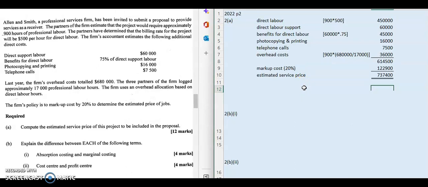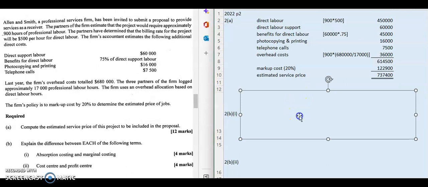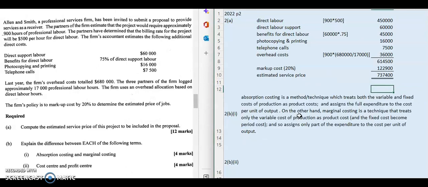Now part B of the question asks us, what's the difference between absorption costing and marginal costing? Absorption costing is the traditional way of doing things. It is the technique which treats both the variable and the fixed cost of production as product costs, and so it assigns the full expenditure that occurs in the production area to the cost per unit of output.